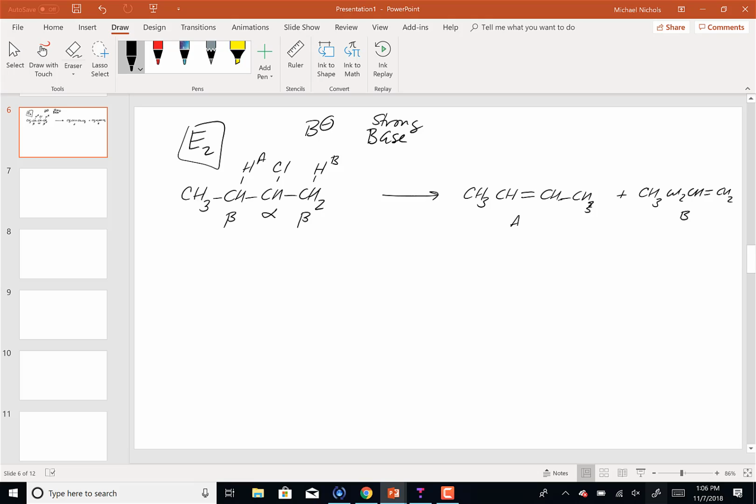So the difference here is that the base is an active player. That's why it's E2. So the base could come in and grab HA. If it grabs HA, the pair of electrons moves to form the double bond, and then a pair of electrons goes to the leaving group.